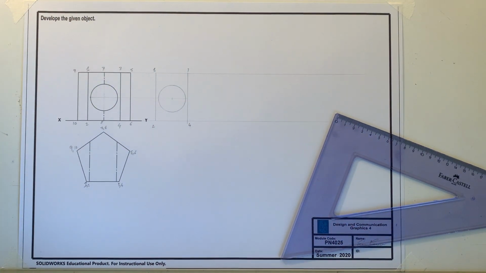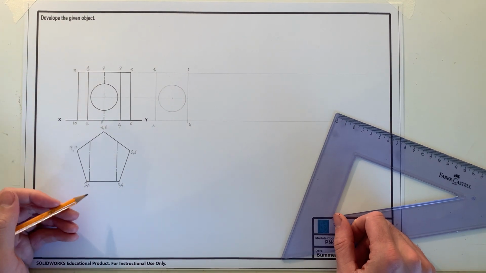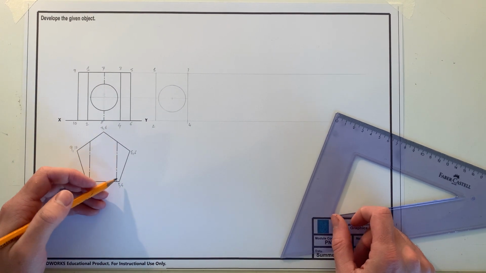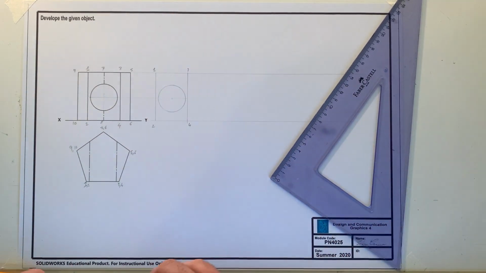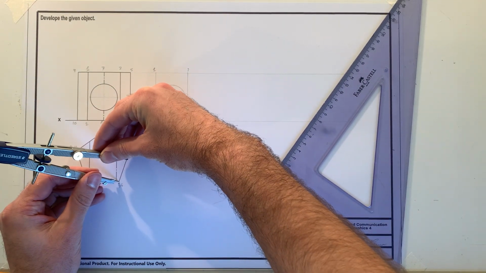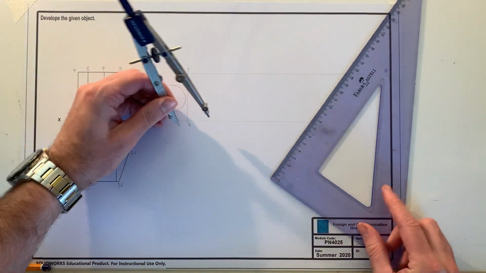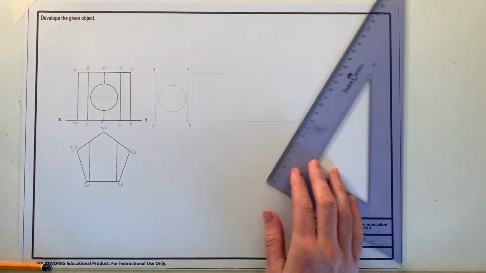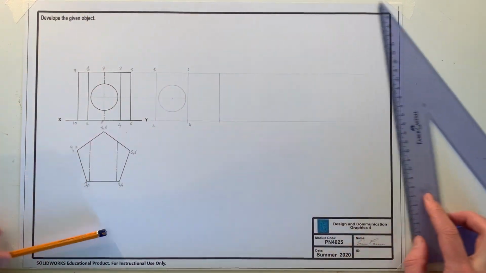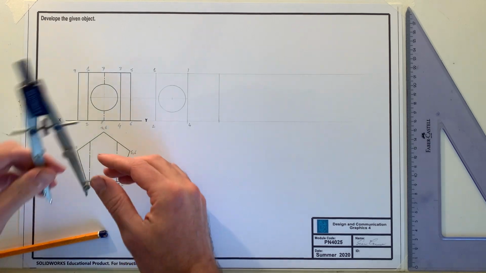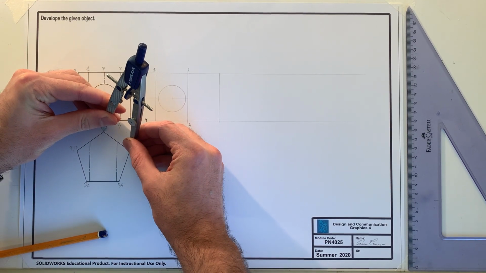So now to move on to my next surface, I'm going to be doing this one here. What I can do is take my true length from below in my plan, again here. Might as well knock them all off while I'm here.